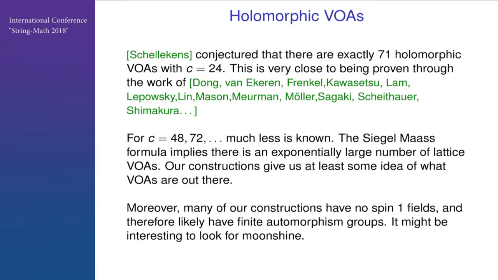But our constructions, even though they only fill out a minute part of all possible holomorphic CFTs for C equals 48 and 72, give us at least some idea of what might be out there. The other interesting remark is that a lot of our constructions have 0 spin 1 fields, which suggests that their automorphism groups could actually be finite. So potentially, just like in the monster case, it might be interesting to look at some moonshine phenomena of these constructions.